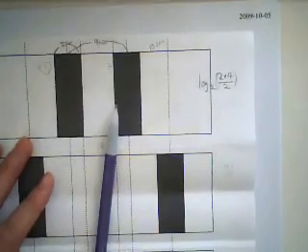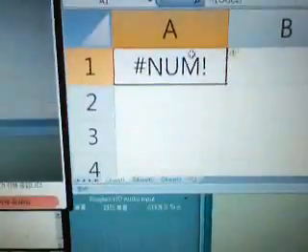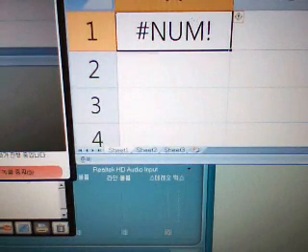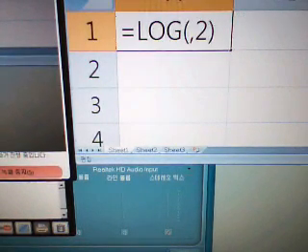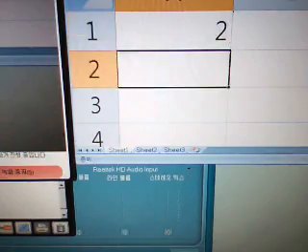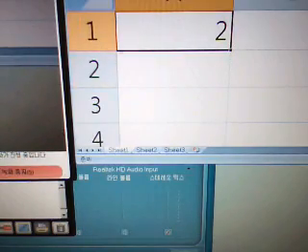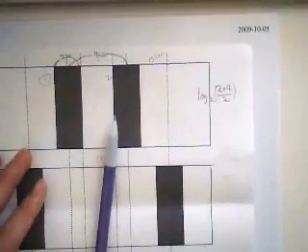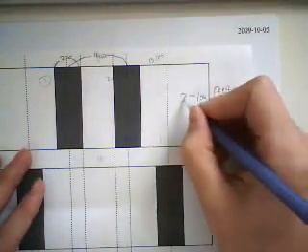So let's have a look in the Excel file. The number I put in: log base 2 of 4 is 2. So 2 is the index of difficulty for this case.